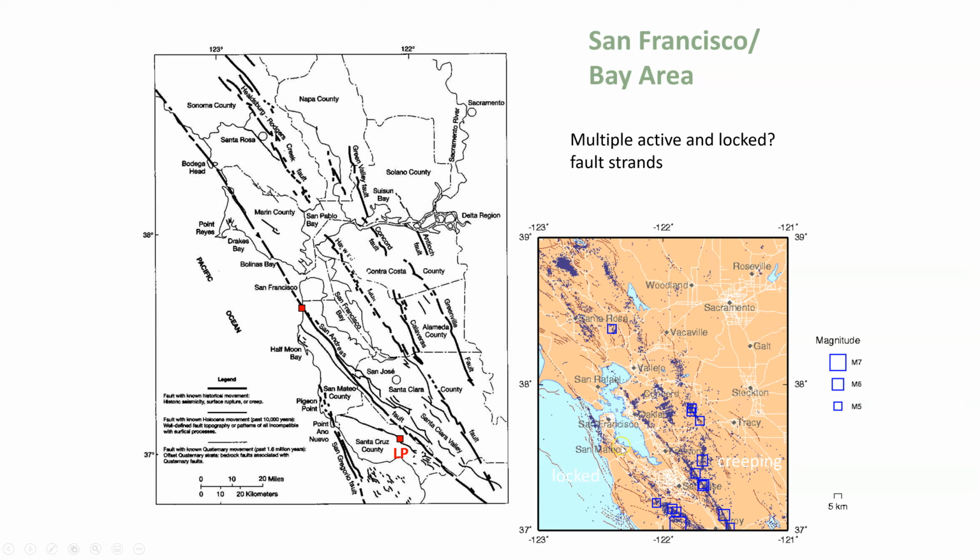And then out in the ocean and in the actual bay, we see much more locked movement. We don't see as much motion in that area because of the rock that is there. The rock that is there is much more interlocking and kind of doesn't allow for that slip to occur.